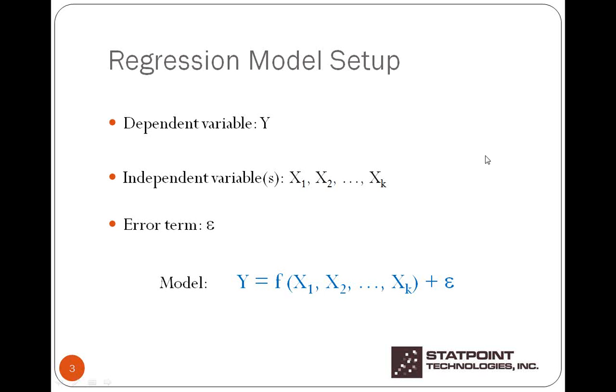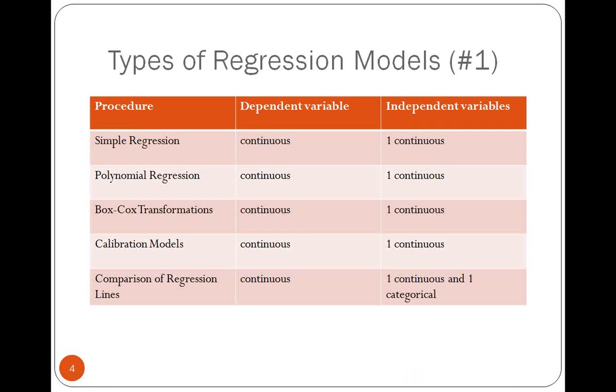Now, where the different procedures in Statgraphics vary is in the characteristics of the Y's and the X's. And in the handout for the slides that you can download, incidentally, after the webinar is over, I've listed 16 different procedures in Statgraphics that have to do with fitting regression models. On the first page here, you see a list of 5 of those.